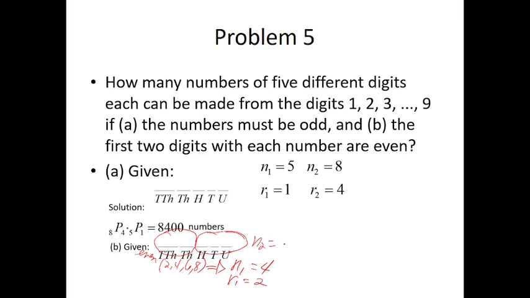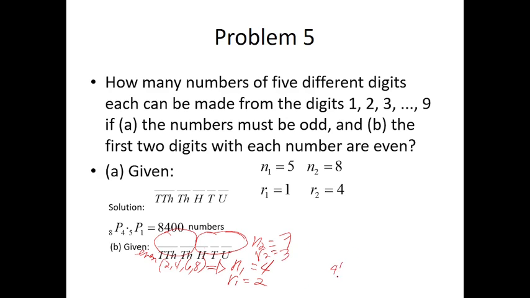For n2, digits 1 to 9, that is 9; with 2 slots occupied, 7 are left. So n2 is 7. For r2, how many slots are available? 3.